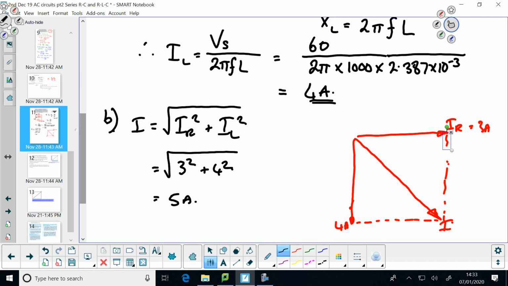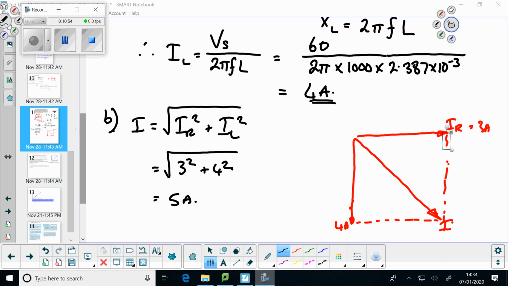Five amps, a 3-4-5 triangle. Test it with your calculator. That's B, that is. A is find the two currents in each. That's part B.